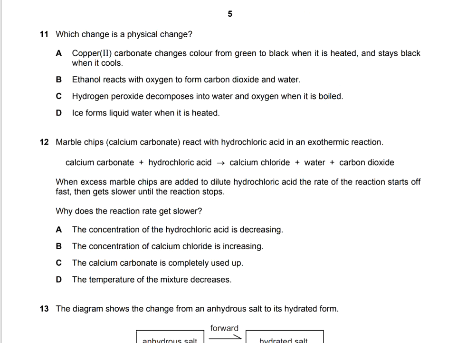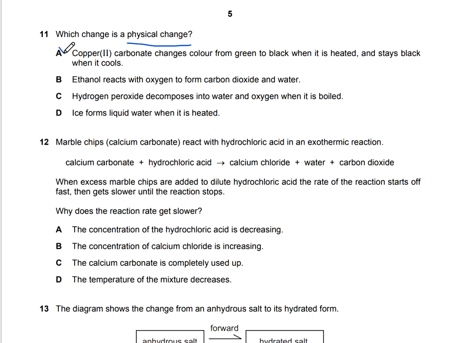Which change is a physical change? We have letter A. We're talking about a physical change wherein it goes back to the original state. So copper(II) carbonate changes color from green to black when heated and stays black when it cools. So therefore, it did not go back to its original form.